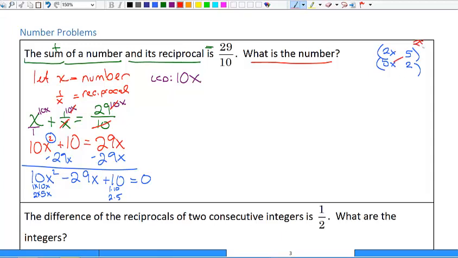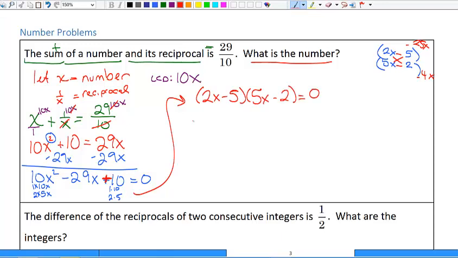So when I multiply, I'm getting 25 and 4. And I need both signs the same, and they're both negative. Alright, I got my negative 29 like I wanted. So my equation factors into 2x minus 5 times 5x minus 2. I'm going to set each of those factors equal to 0.